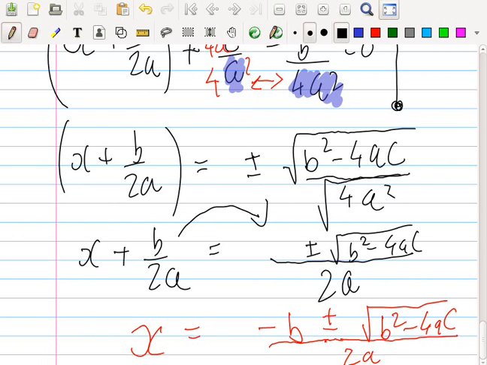There's a question about writing the formula. You'll get questions about using the formula. You mean proving the formula?